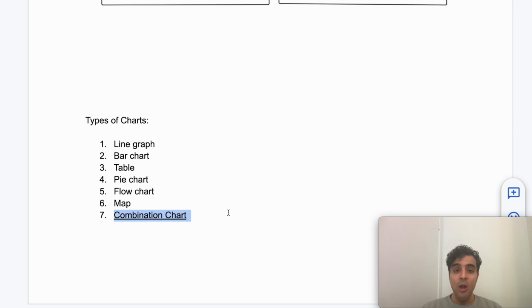But one thing you should note is that the combination chart will never combine qualitative and quantitative data. So you will rarely, if ever, find a line graph and a map put together. Why is that? Because a line graph is quantitative and a map is qualitative, right?